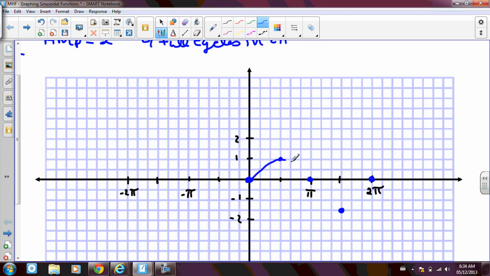So my normal graph, just the regular y equals sine x, looks something like this. And going backwards, exactly the same thing. And so that's my basic curve.